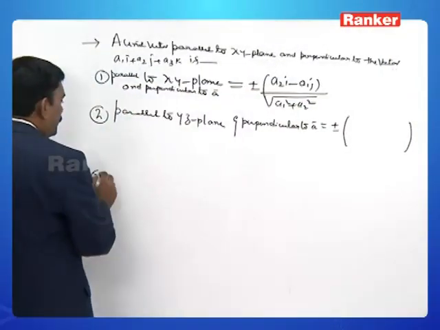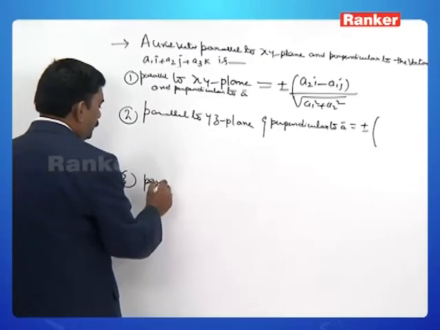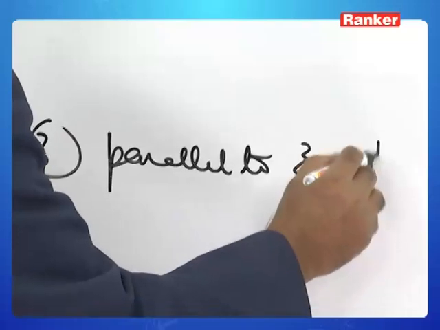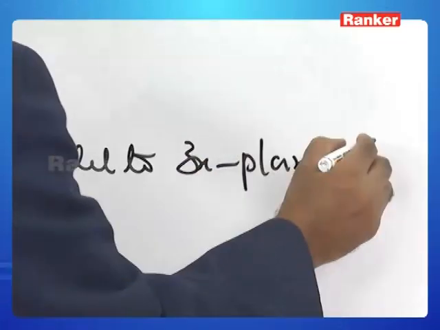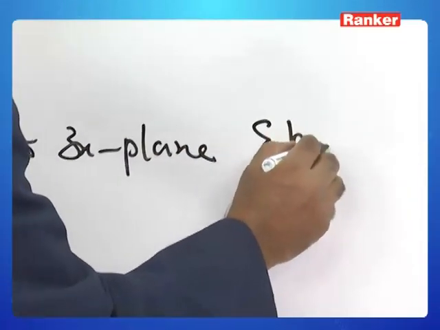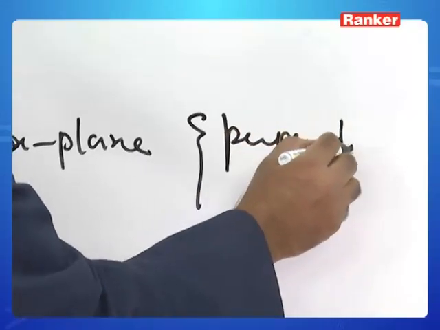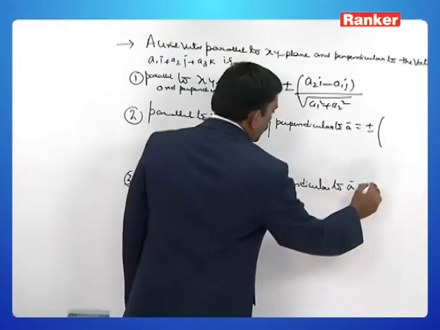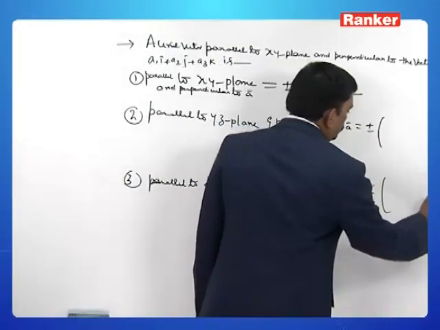The third one is parallel to zx plane and perpendicular to a bar is plus or minus.